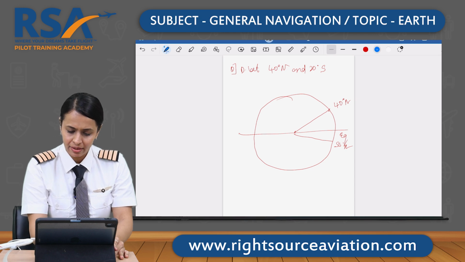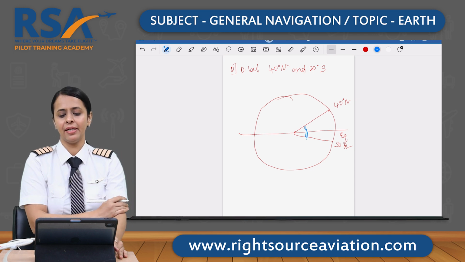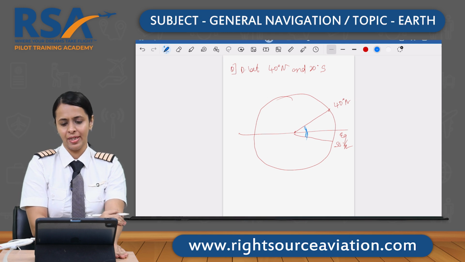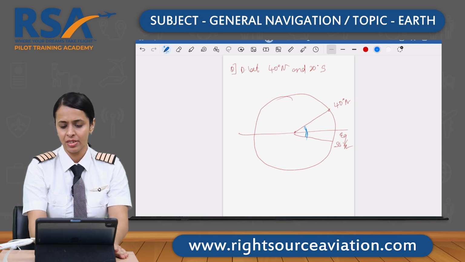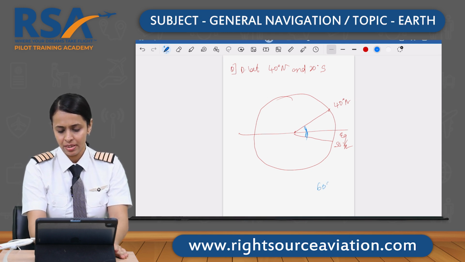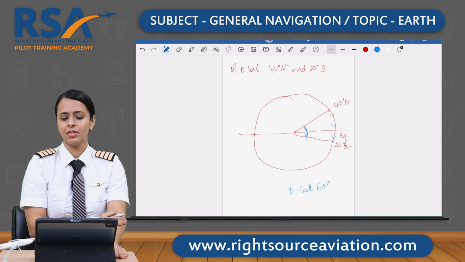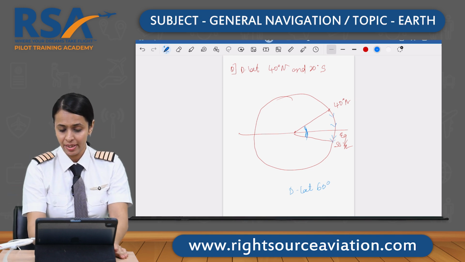In this case the angle that we need to find is this entire angle. Now this angle is nothing but 40 plus 20, because we are adding in this case. So this becomes 60 degrees, which is my delat in this case. And as you can see, I am going in this direction like this. Since I am going in this direction, again my direction is south.